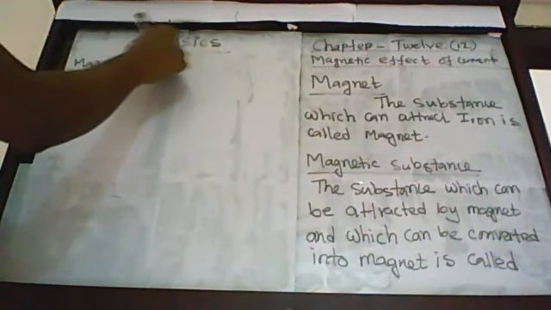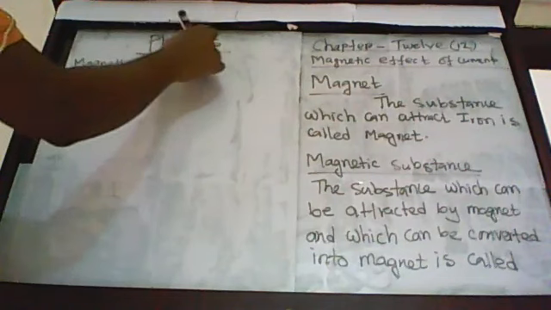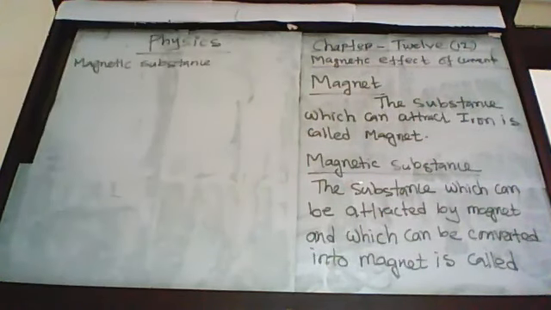So the substance which can be converted into magnet and which can be attracted by magnet, this type of substance is called magnetic substance.